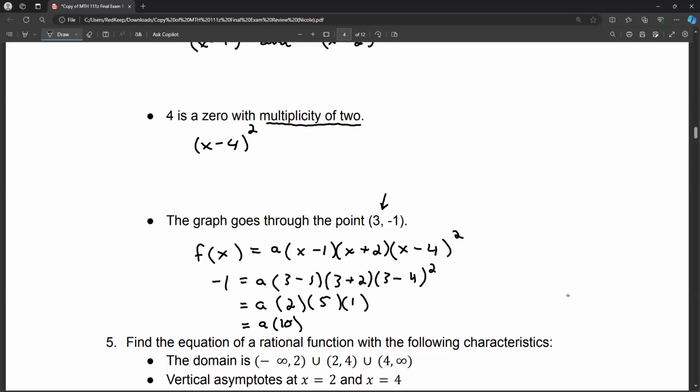And of course, if we solve for a by dividing by 10 on both sides, we get that a must be equal to -1/10. Therefore, this implies that our function that I've decided to call f of x must be equal to -1/10 times x minus 1 times x plus 2 times x minus 4 squared.